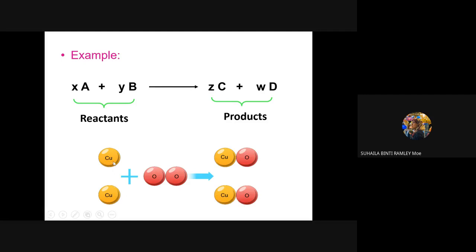For example, here we have 2 mole of Cu react with 1 mole of oxygen, produce 2 mole of CuO. So copper and oxygen are reactants and CuO is the product.